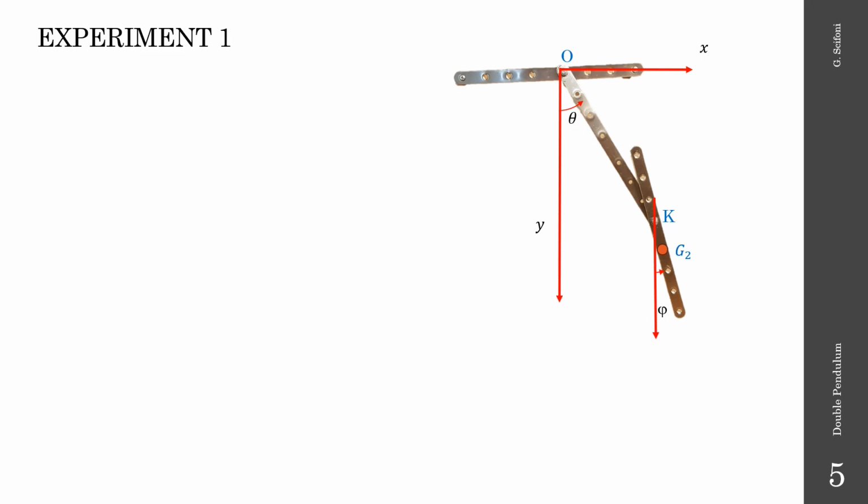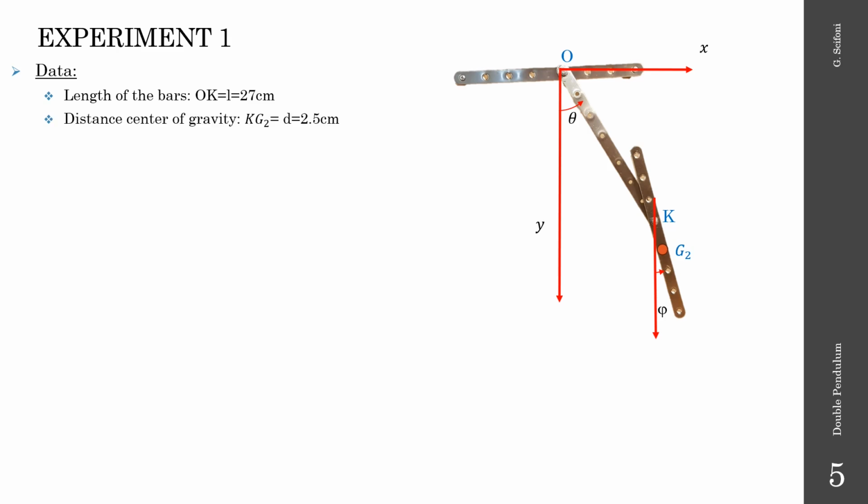Before starting the experiment, we collect the relevant measurements, also lengths and the weights. The length of the bar is 27 cm. That is the distance between pivots capital O and capital K. This distance is fixed. In this video, the length unit is meter.